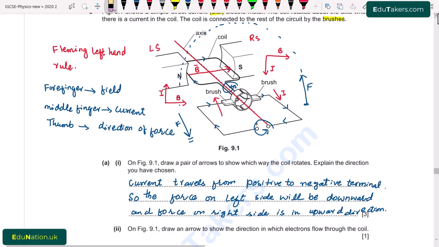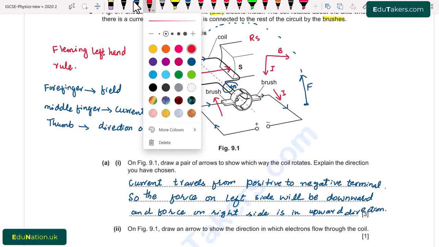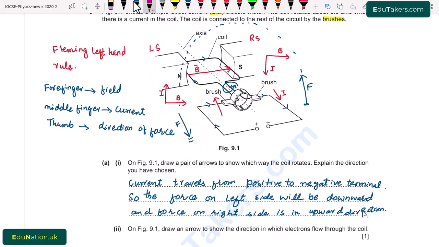So first I remove some things. So we know that the current flows from positive to negative terminal of the battery. It's a supply, and the current flows from positive to negative terminal.